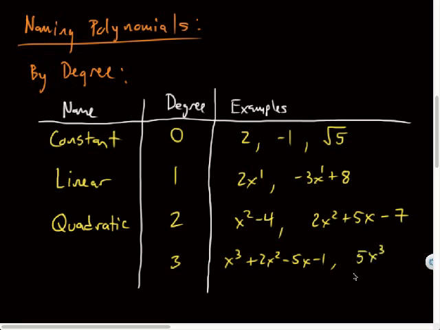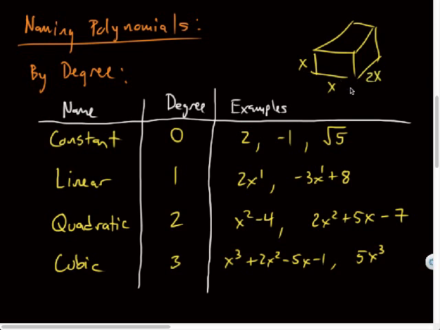As long as the highest degree is 3, these are called cubic, and similar to what I was just talking about with a quadrilateral, imagine I have a 3-dimensional figure, maybe a cube, maybe not. x times, say this is 2x. If I wanted to find the volume of this figure, I would multiply all of these. x times x times x is x cubed, so the volume would equal 2x cubed in this case.